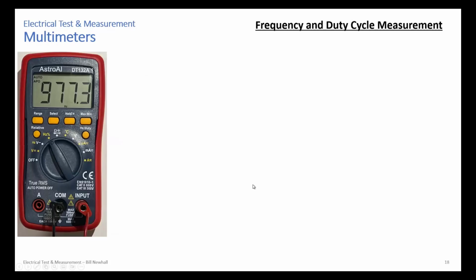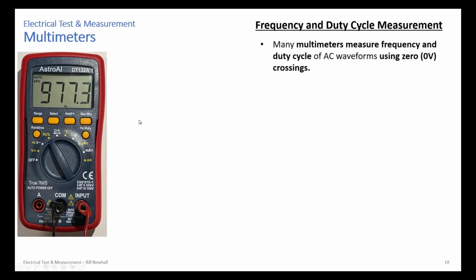We talked last time about measuring diodes. I wanted to move on to using a multimeter to measure frequency and duty cycle. Many of these handheld multimeters, like this one that's probably $20 or $30, are really not all that expensive. It's a pretty low cost to pick one up, but many of them will do measurements like frequency and duty cycle.